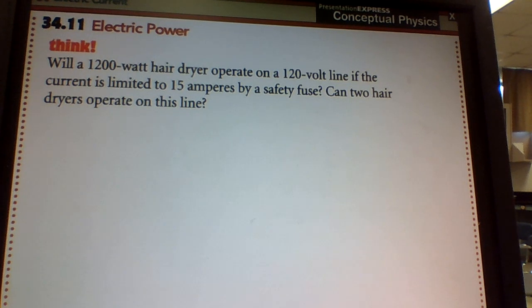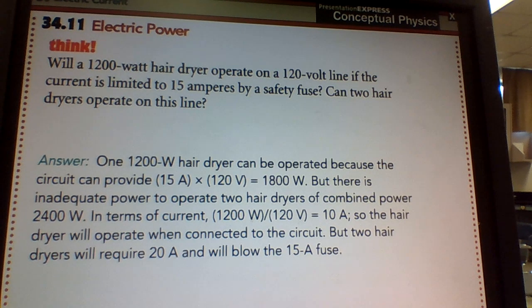That would give you a current of 10 amps, and 10 amps is fine on a 15 amp fuse. But if you wanted to dry your hair faster and plug in 2 of these hair dryers at the same time, now you're running 10 for the first one, 10 for the second one, and you've got 20 amps flowing through this circuit. That's not going to work. It's going to blow that 15 amp fuse.